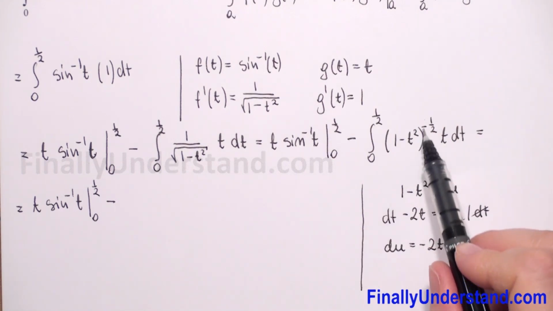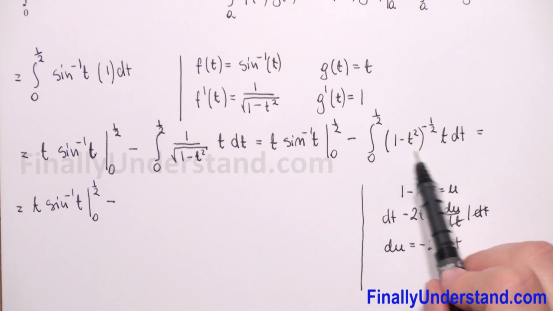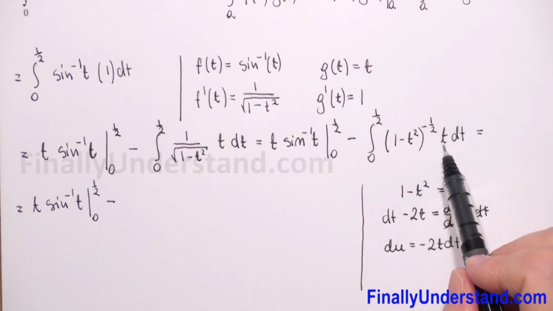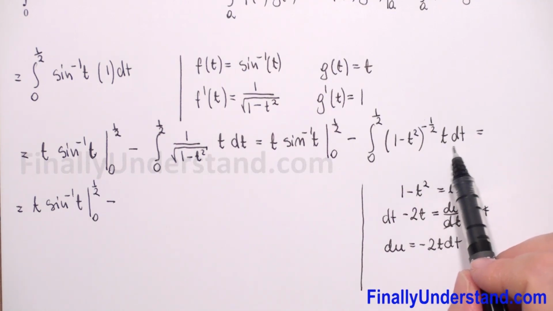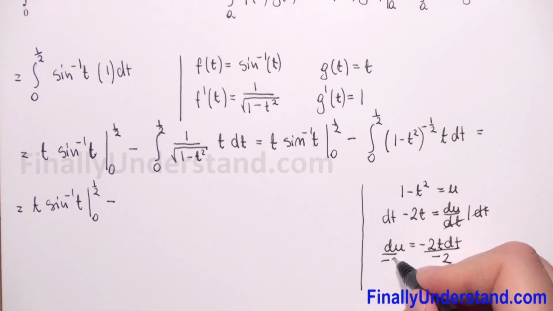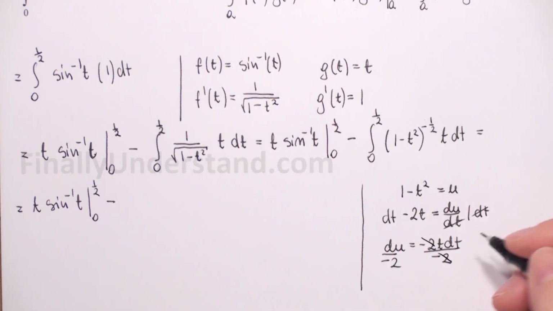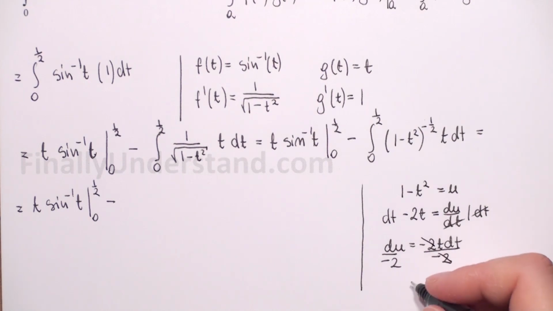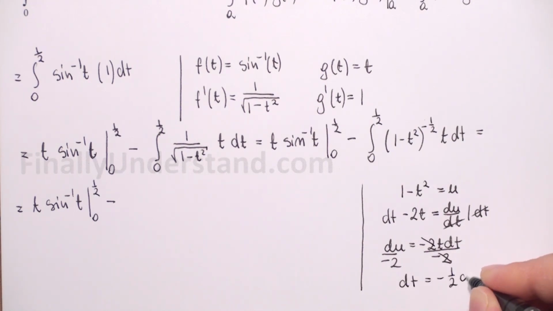We have in our integrand only t dt. We don't have negative 2. So now I will divide both sides by negative 2. Negative 2 and negative 2 we can reduce, and we will have that t dt is equal to negative 1/2 du.